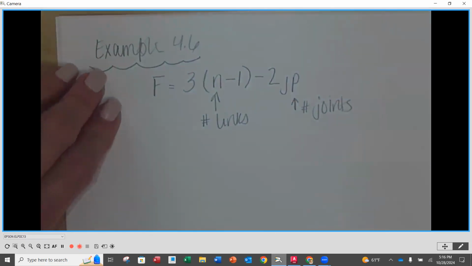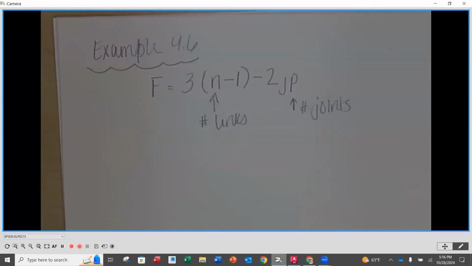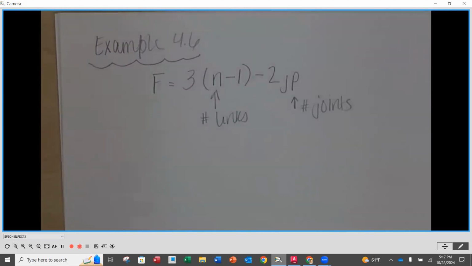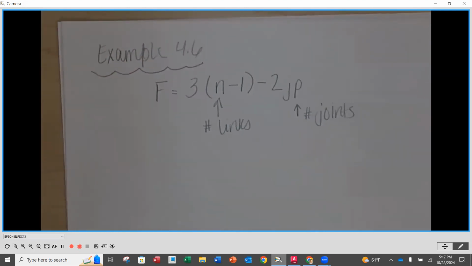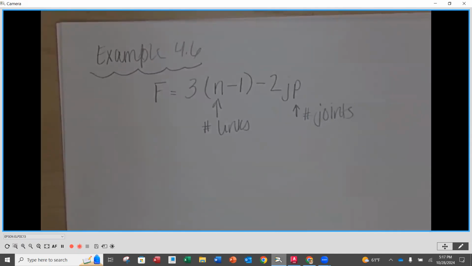There were higher order joints, which are going to reflect on things like gears or cams, but we'll be talking about gears and cams in an actual module later on in this class. So we're not going to deal with gears and cams in these earlier modules. So we're just going to be worrying about primary joints. So you can just stop the equation there because we would always be doing a minus 0 for the other ones.